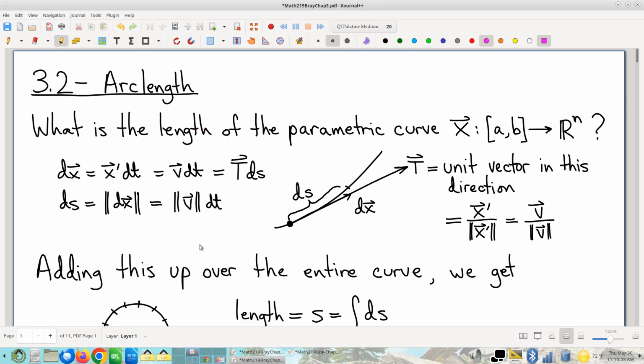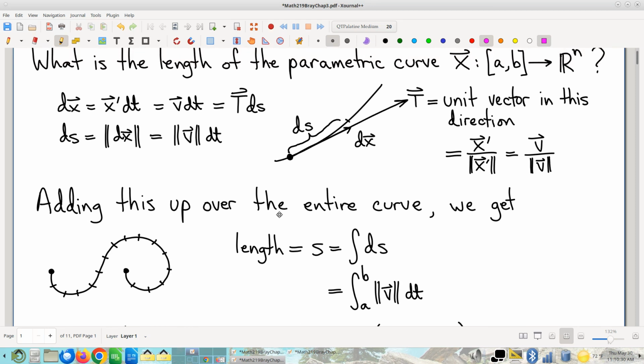All right. Okay, so we are now armed to write down a formula for how to compute the total length of a parametric curve. It's just a matter of adding up a bunch of little pieces of length. And again, we've already discussed, we have this formula, we have this object defined called ds. That represents the length of each little piece. You just add up over the entire curve.